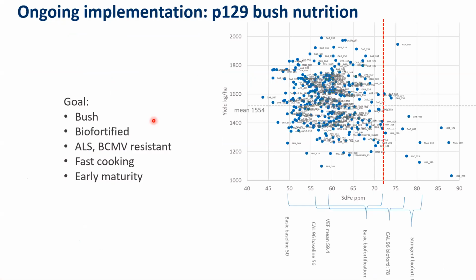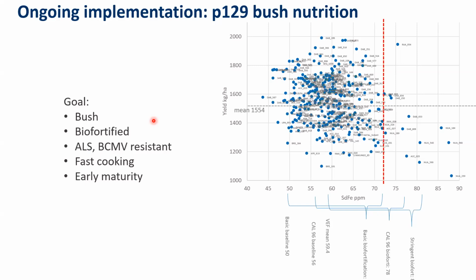I want to present our first population in which we try to implement the tools of genomic selection. This population is called population 129, bush nutrition. Our goals in this nutrition population are very interesting.